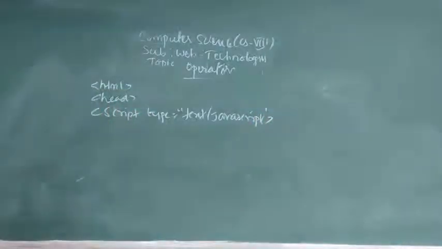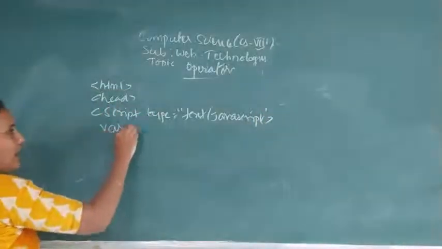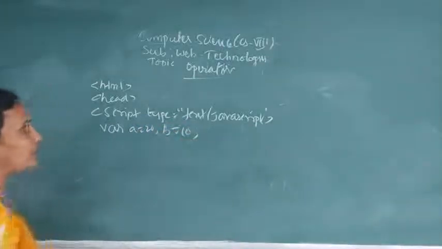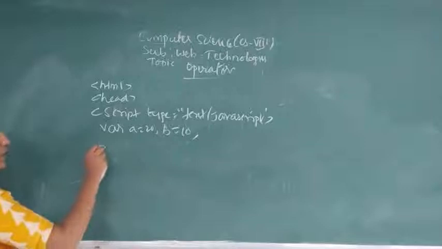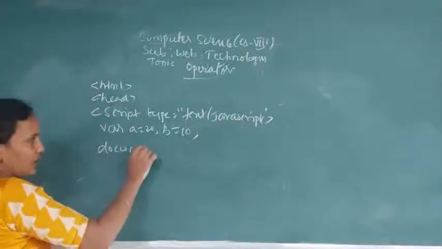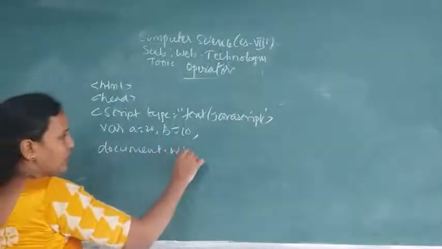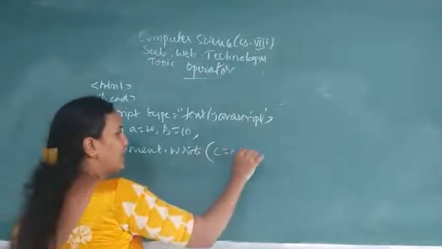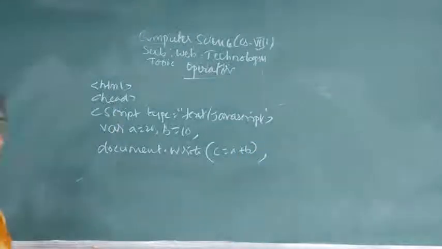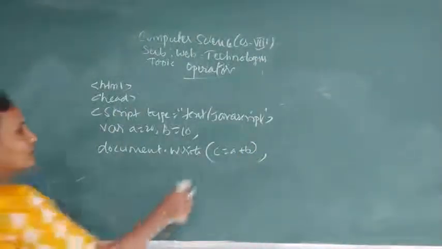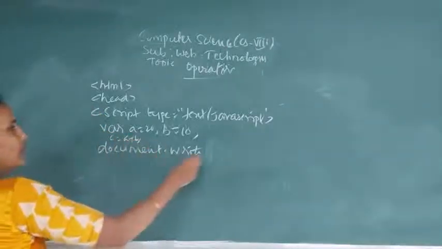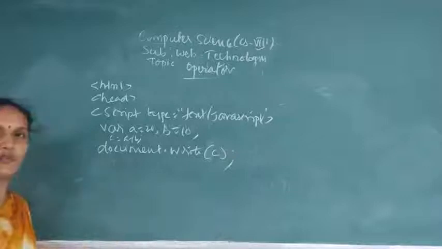Next, here declare two variables where A equals 20, B equals 10. No need to give a data type. Now document.write is a statement. C equals A plus B. Document.write C. It will be easy for you.